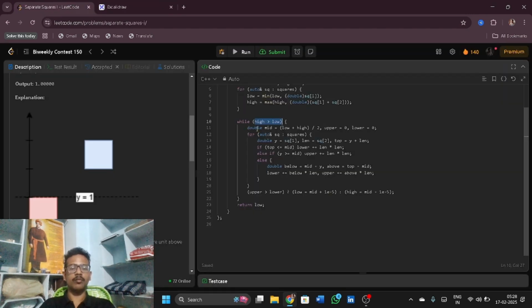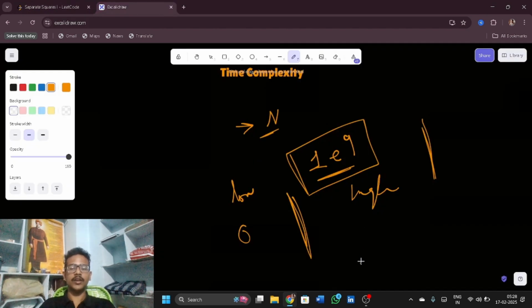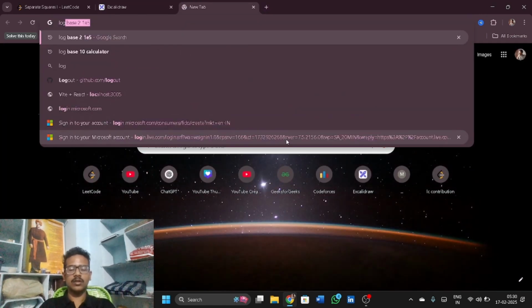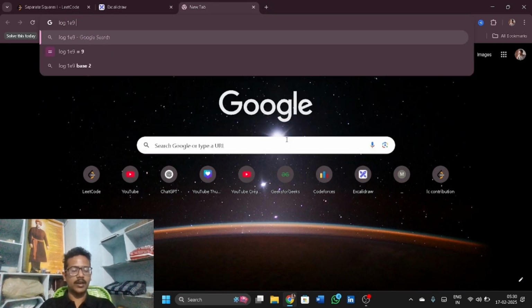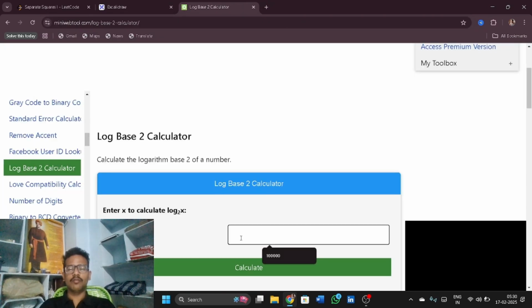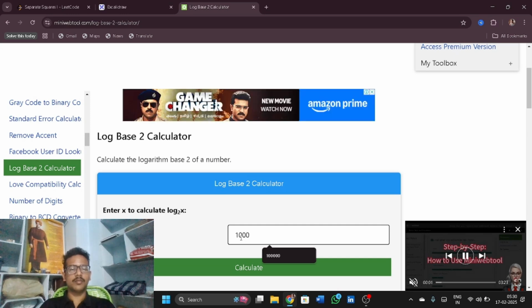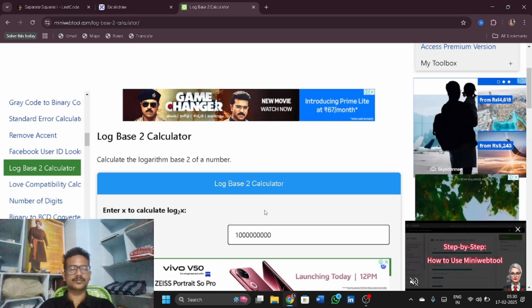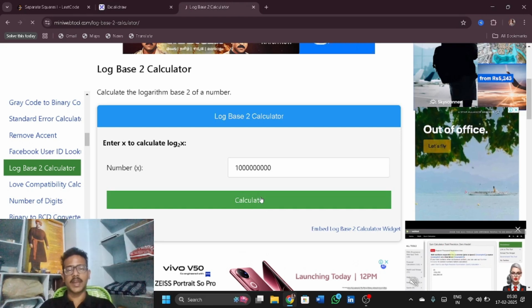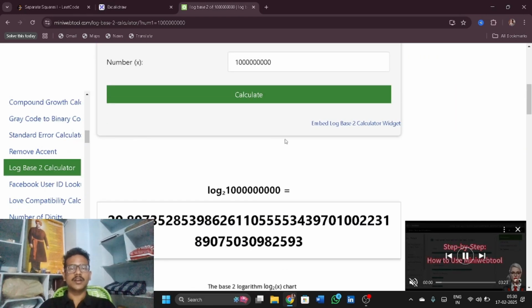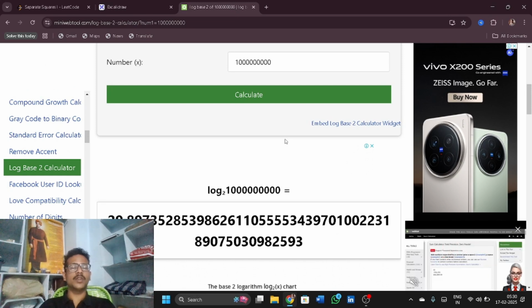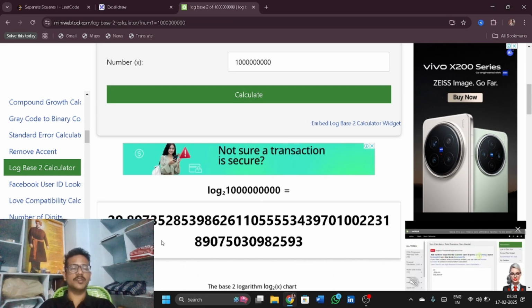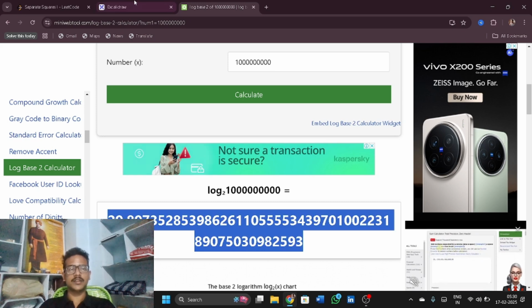What I am doing here for binary search, if you see, while high is greater than low, it will use a log of 1e9. Log base 2 of 1e9 will be something like 29, so not greater than 30.